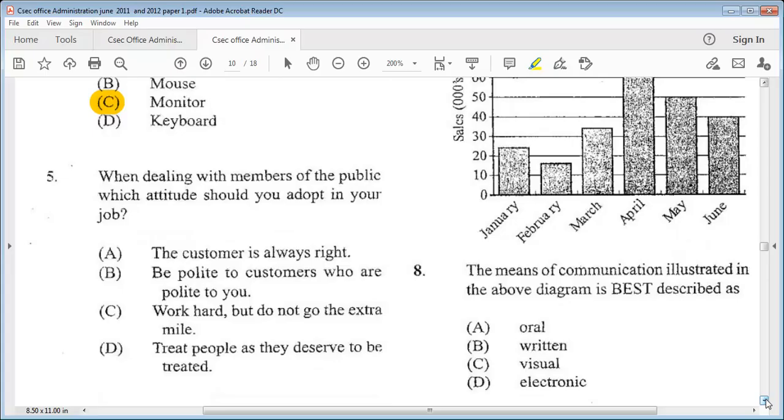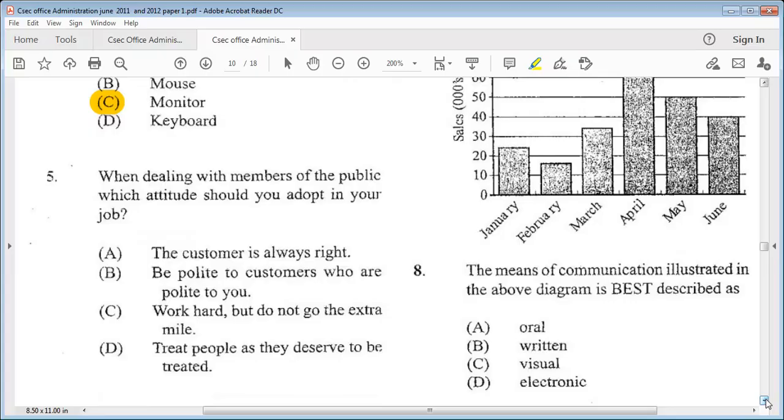When dealing with members of the public, which attitude should you adopt in your job? A. The customer is always right. B. Be polite to customers who are polite to you. C. Work hard but do not go the extra mile. D. Treat people as they deserve to be treated.